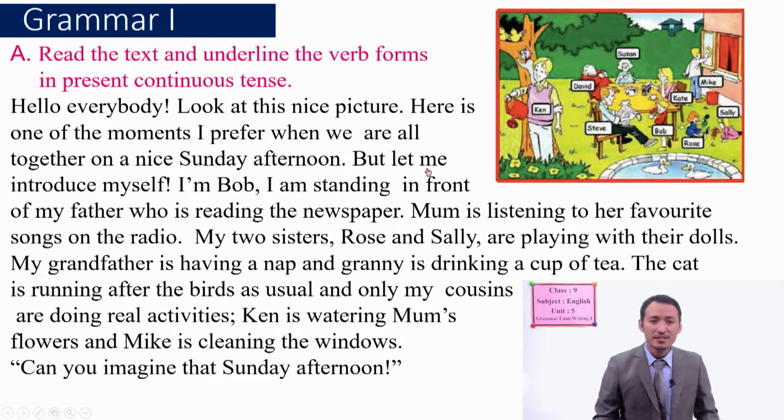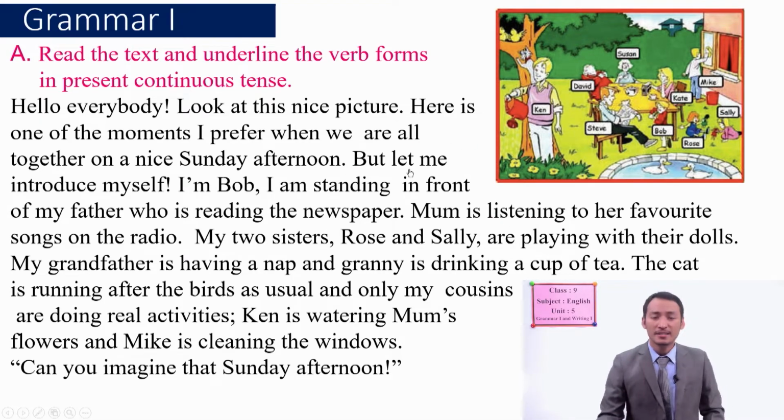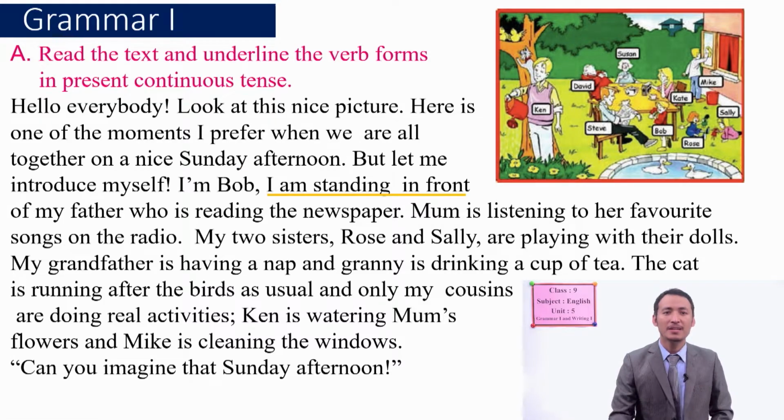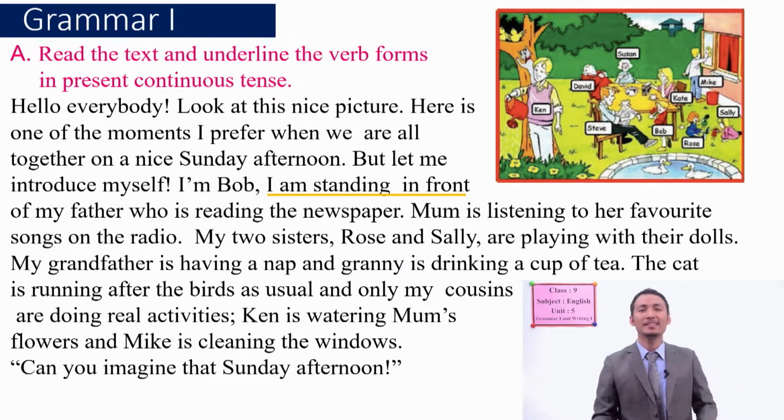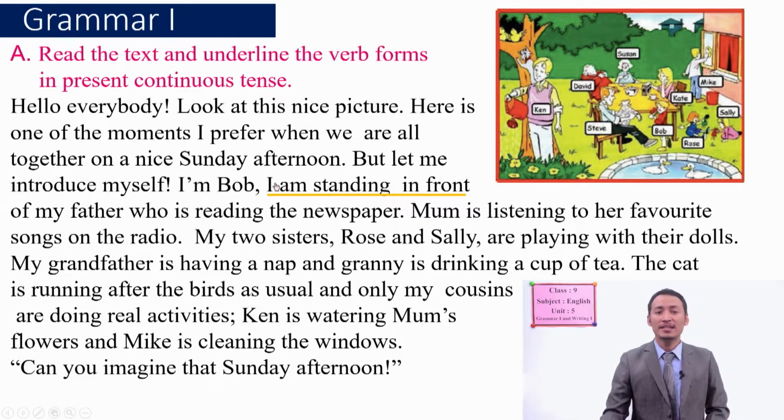Yes, the sentences with is, am, and are followed by verbs ending in ing. For example, let me underline one for you. I am standing in front of my father. Look at this sentence. I am standing.